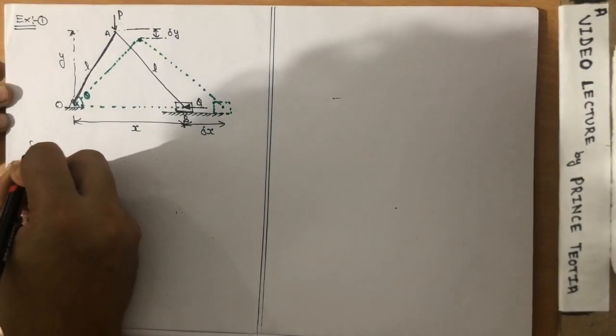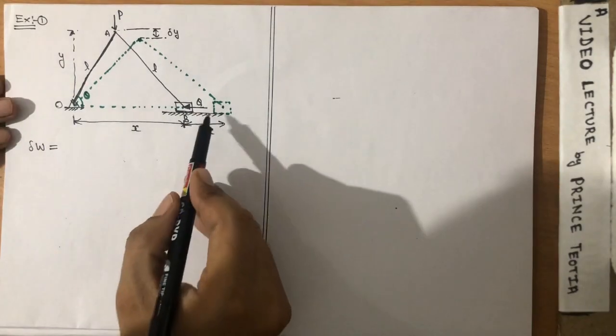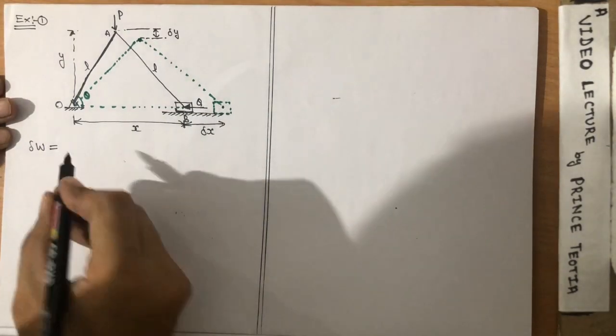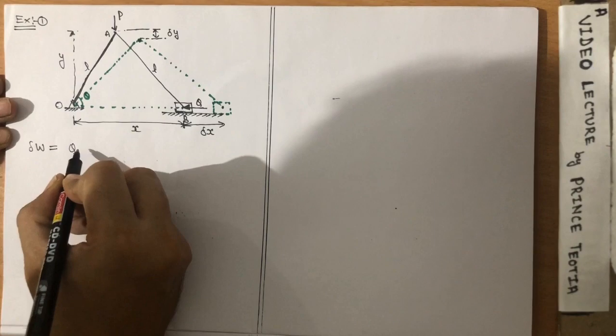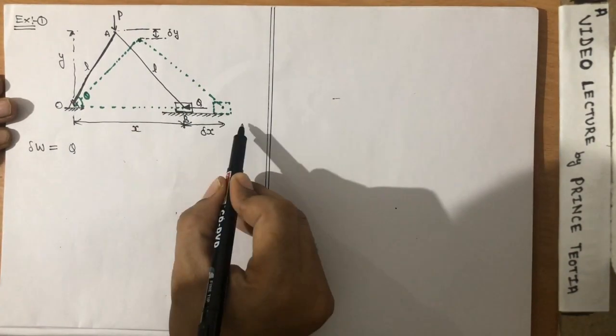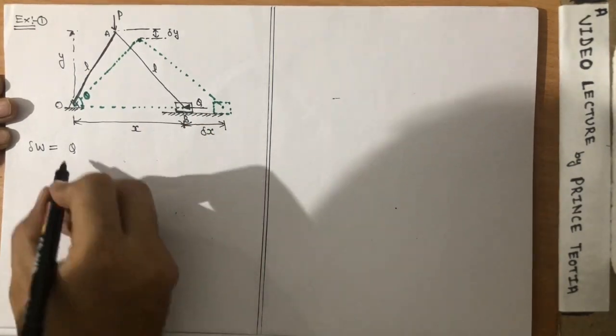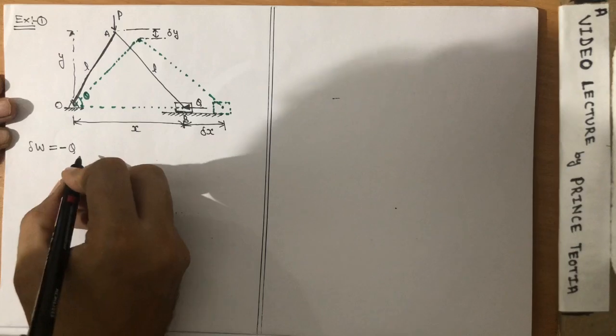So the delta W will be the first force, that is Q, force into displacement, and this is the force in this direction and this is the displacement in this direction. So both are opposite, so this is the negative force.